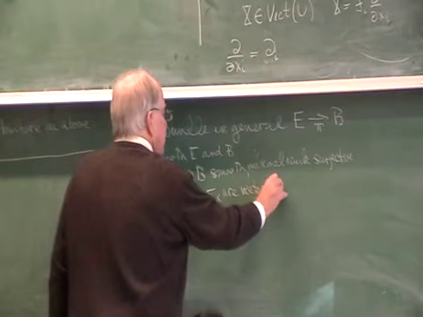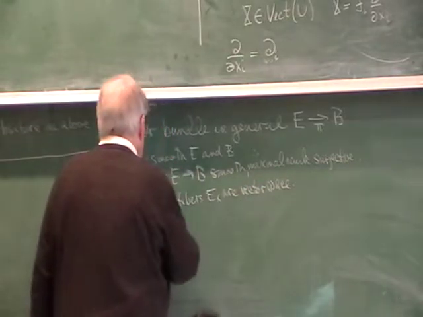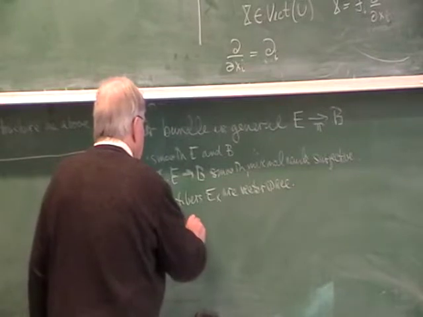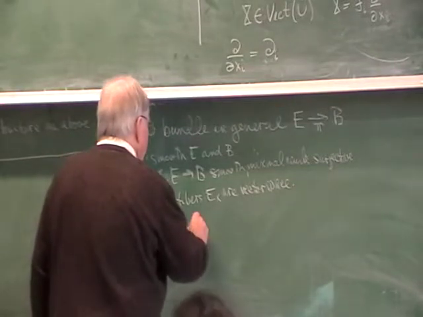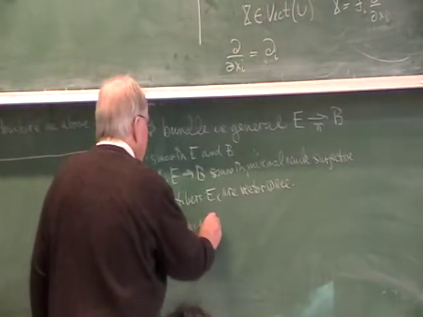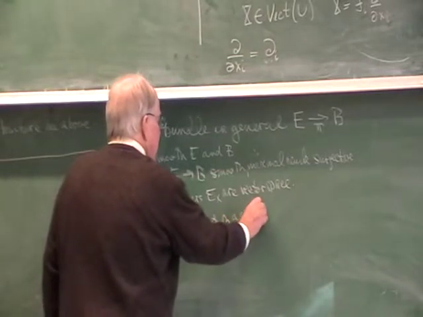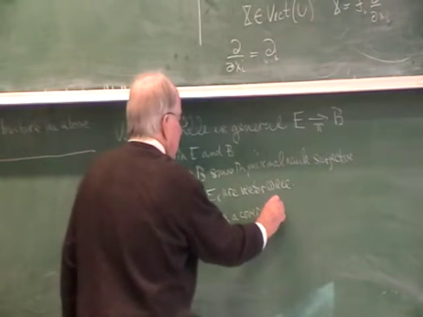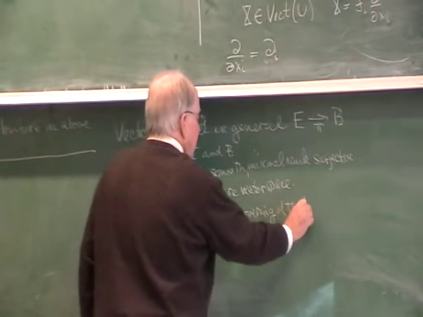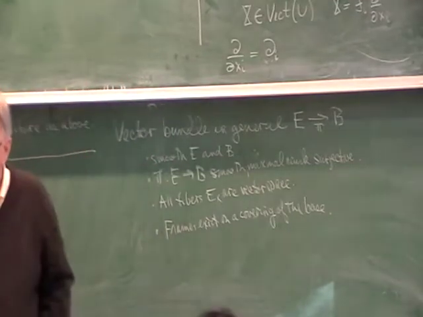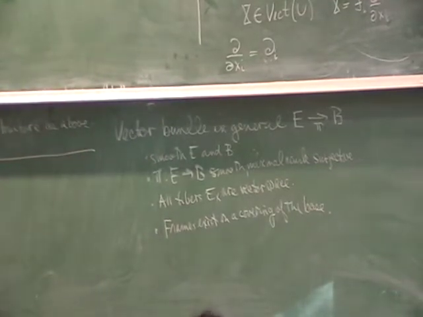So there's a vector space structure on each E_x, and frames exist on a covering of the base. Okay. That's a vector bundle.